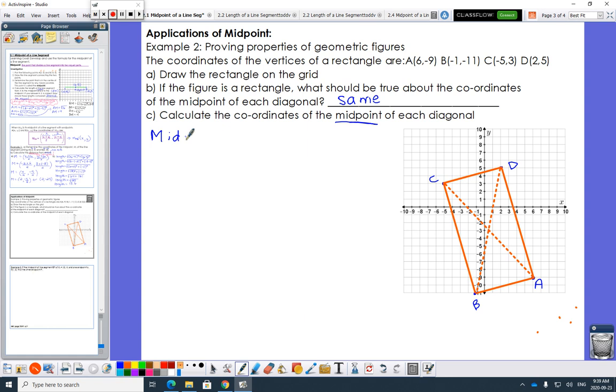Yes, but it does not matter which one you do first either. I'm just going to start with A, which is alphabetically first, okay?